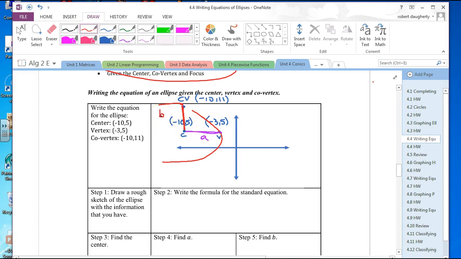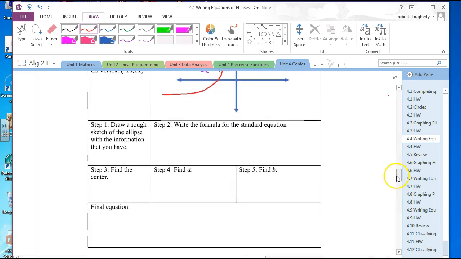That's going to be B. So if I know the center, A and B, that's all I need. I'm trying to get it to look like this: x minus h squared over a squared plus y minus k squared over b squared equals 1.